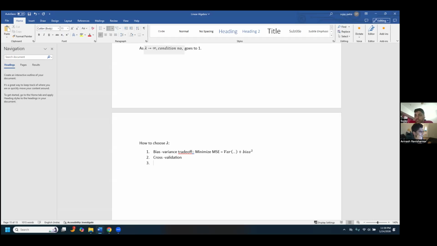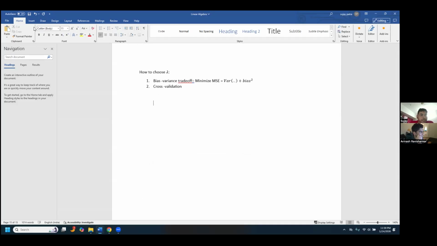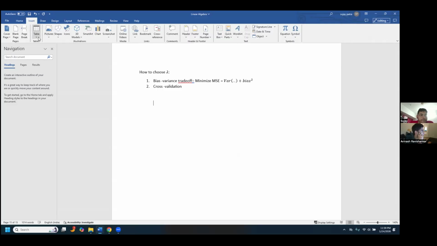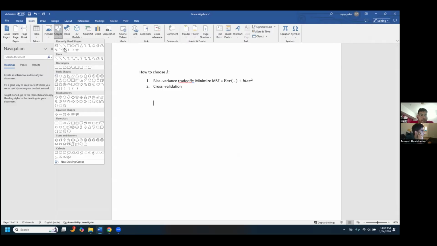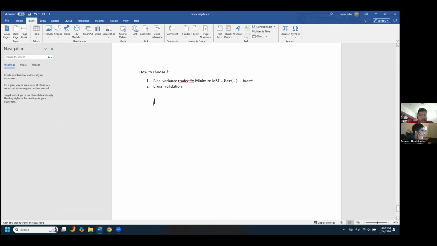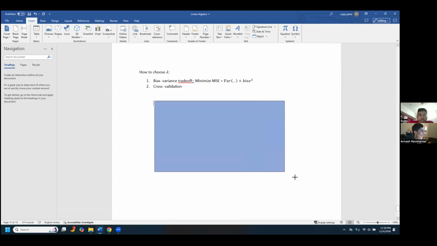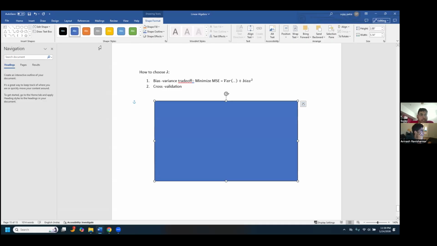Okay. So what will typically happen is, let me see if I can introduce a quick plot for cross validation. Is there no insert picture option? Okay.